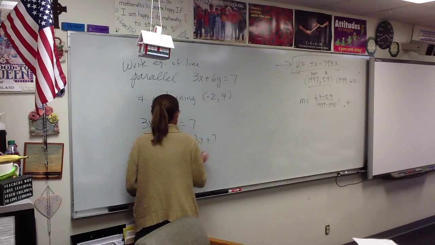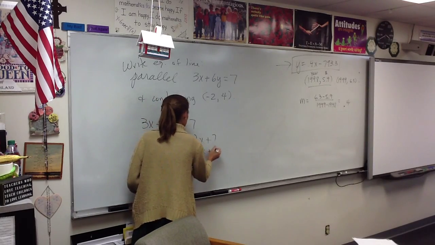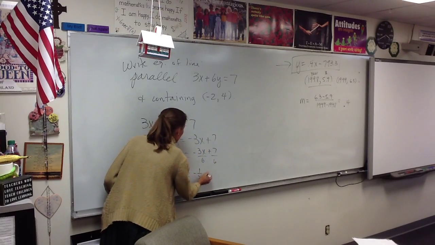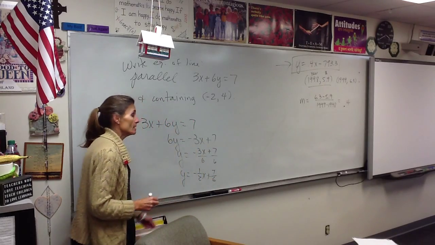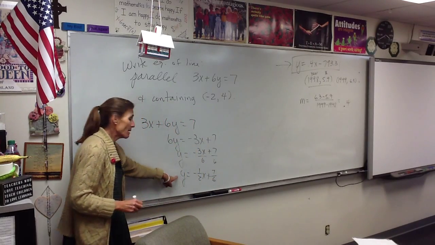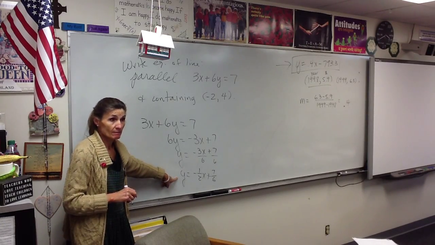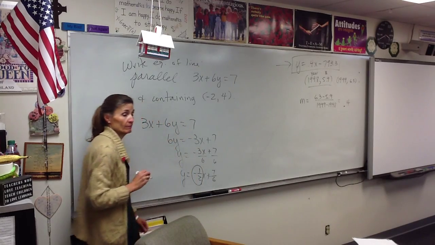Somebody besides Julian tell me why I am doing this. To find the slope, which is -3/2 x, or -3/2. Once I get y by itself, I can tell what the slope of this line is. And the slope of this line is -3/2.